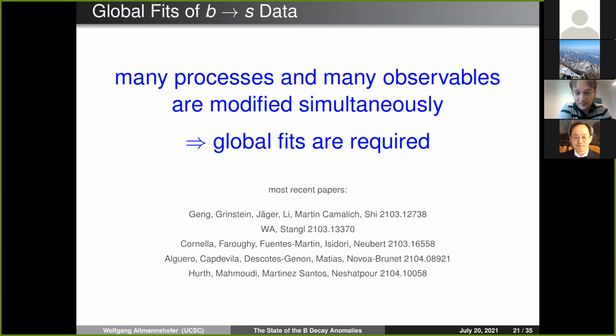But by now there are several groups which do these types of fits using different statistical methods, including different types of observables, different subsets of observables, using different ways to parameterize or model hadronic effects, etc. So there's a lot of cross-check between different groups and several different approaches, and they all more or less lead to very similar results, which is again reassuring.